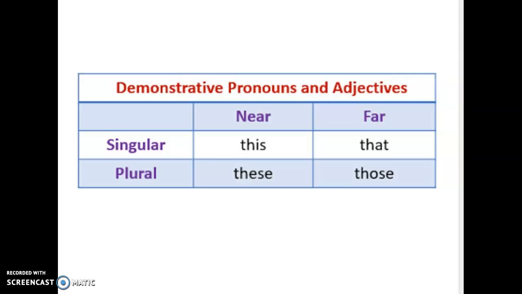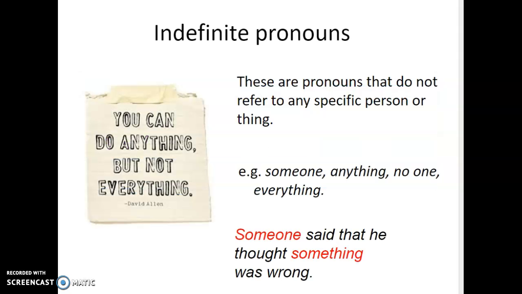Okay, moving on. Indefinite pronouns now. So these are pronouns that do not refer to any specific person or thing, hence being called indefinite. So these include words such as someone, anything, no one, or everything. Because it's not really specific in terms of what it's referring to.